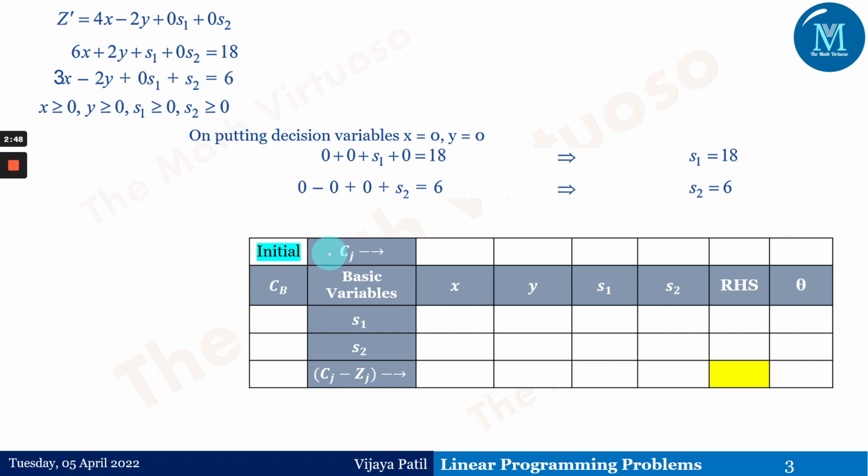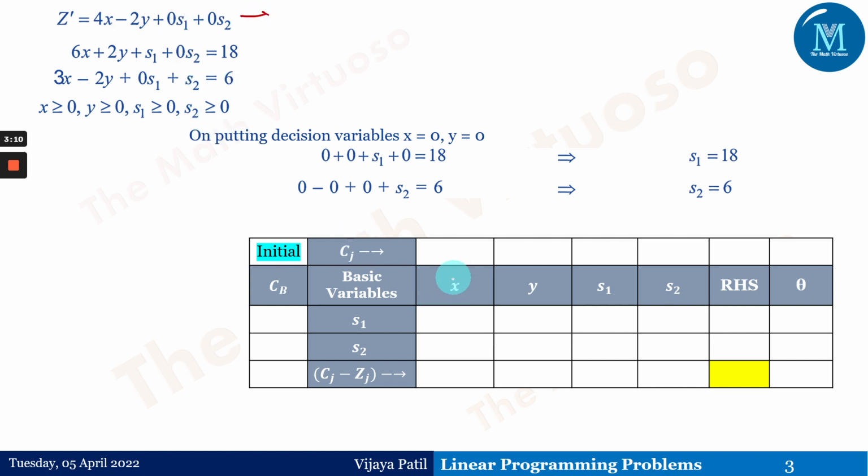Now, as we filled up the table in the last case, the same thing we are going to do. So the columns are x, y, s1, s2 as variables, RHS, and this is theta or the ratio. These are the CBs, the coefficients of basic variables in the objective function. And this is Cj, the coefficients of the variables in the objective function.